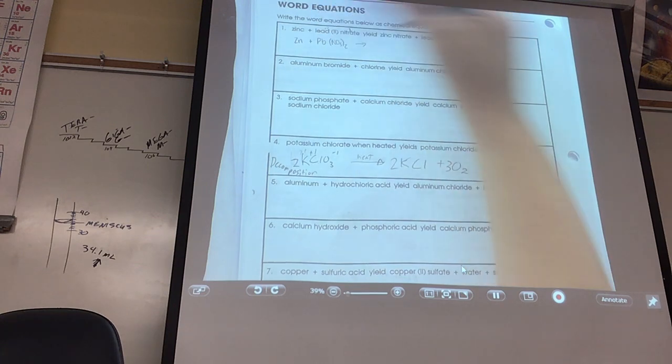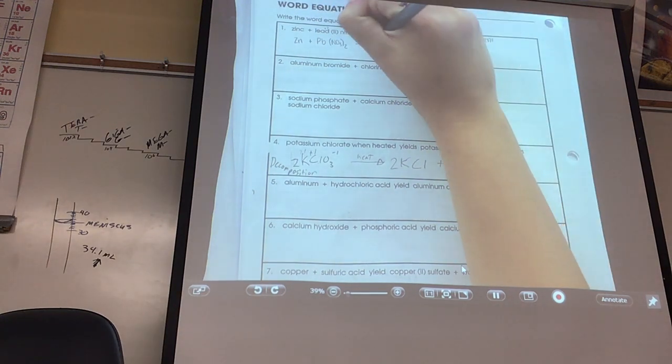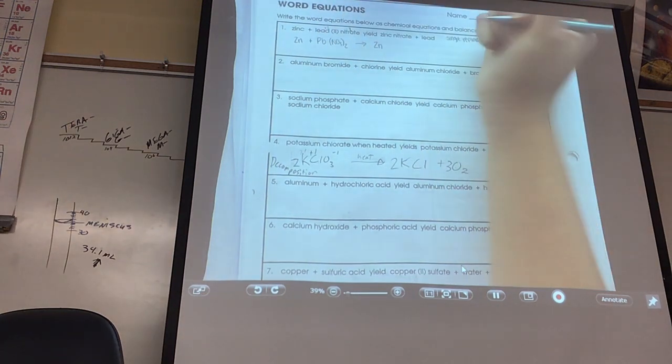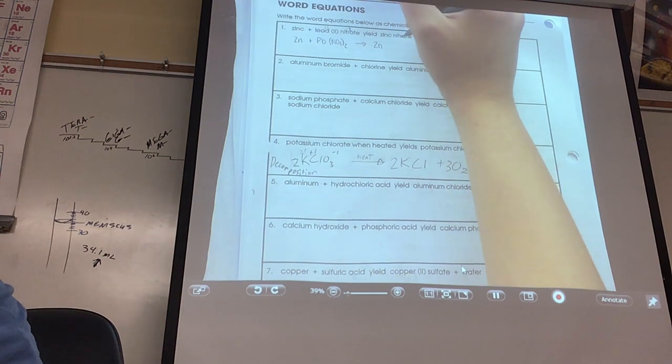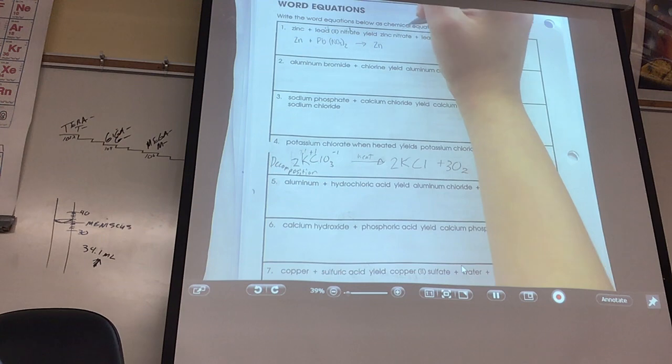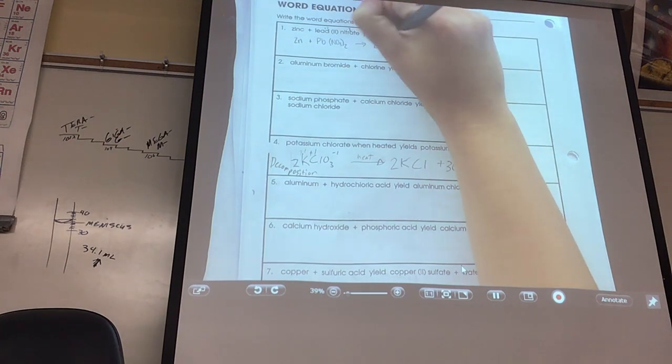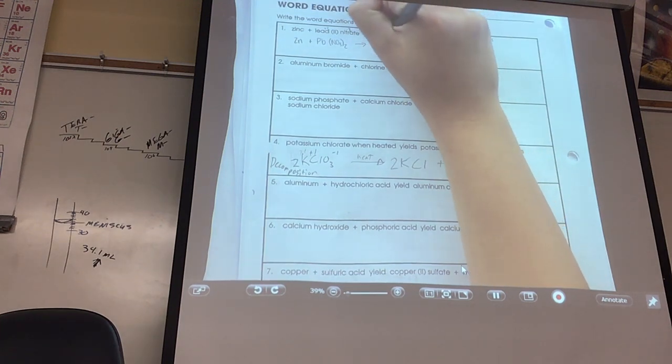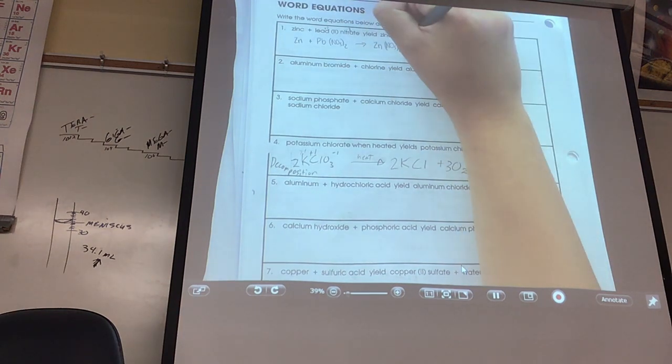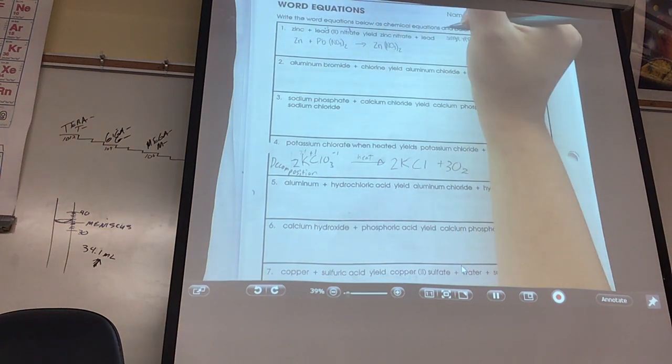And this yields zinc nitrate, and zinc is +2 always. So nitrate needs 2. Is that right?